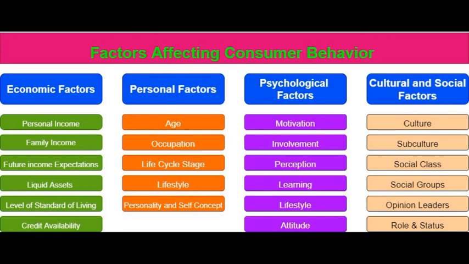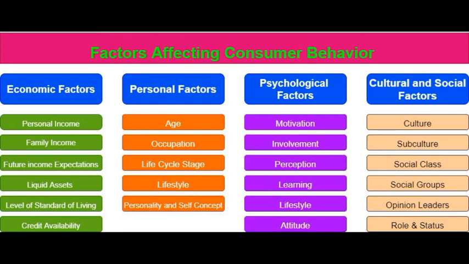So, first is culture, then subculture, third, the social class to which a person belongs, then the social groups with which he is attached, then certain opinion leaders for particular products or people he is following. Like nowadays, we get reviews of many things on the internet. So, those people who are giving those reviews are like opinion leaders.